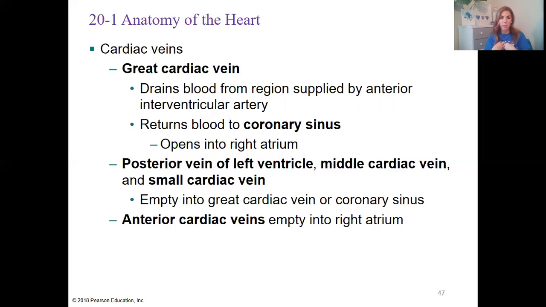But if we're talking about coronary circulation in and of itself, then that blood from the heart is going to have to go through the coronary sinus and then get into the right atrium. Now, you can have some anterior cardiac veins that will empty into the right atrium, but for the most part, people always remember a coronary sinus will help drain the actual coronary circulation in order to return that deoxygenated blood back into the right atrium so that it can go through its cycle all over again.